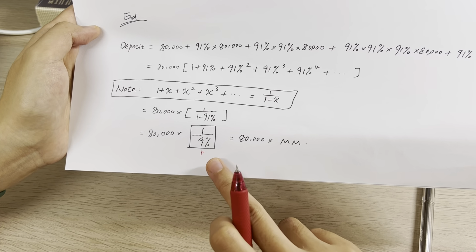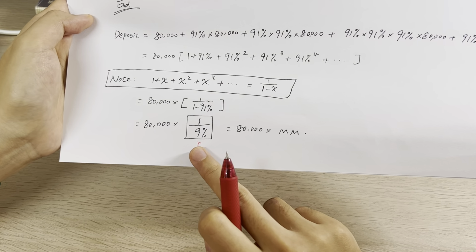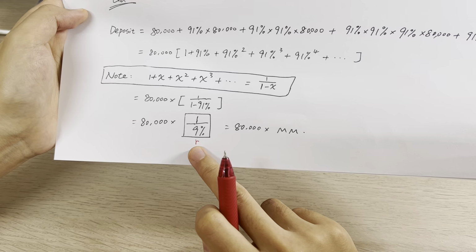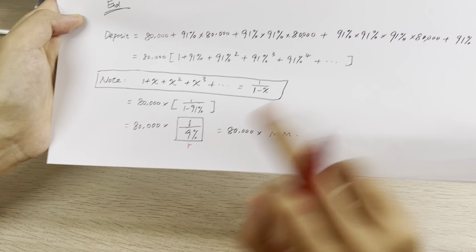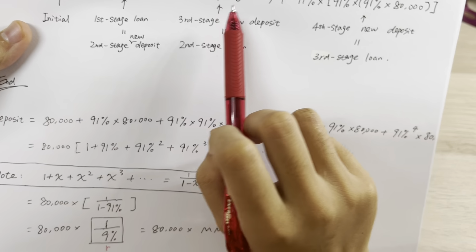Just use a letter to denote this required reserve ratio. Then what will be the change in this case?